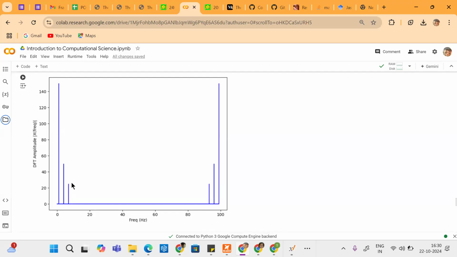Now suppose you want to remove the high intensity amplitude from the complicated signal. What do you do? You just eliminate this one. We took 3 wave expressions. Remove the wave expression from your summation which contributes to the highest amplitude.